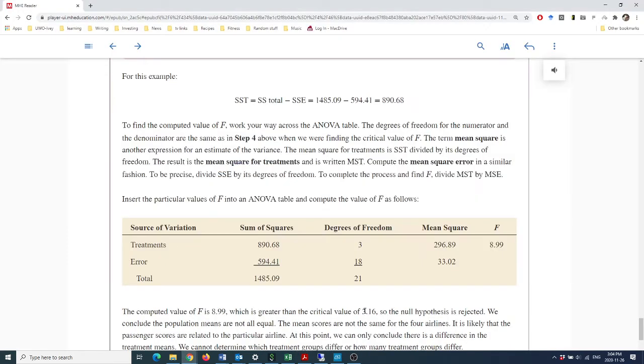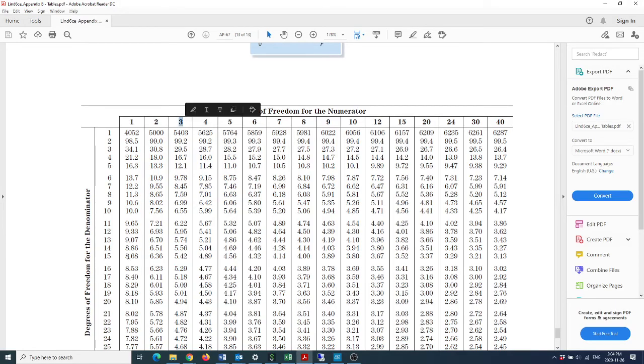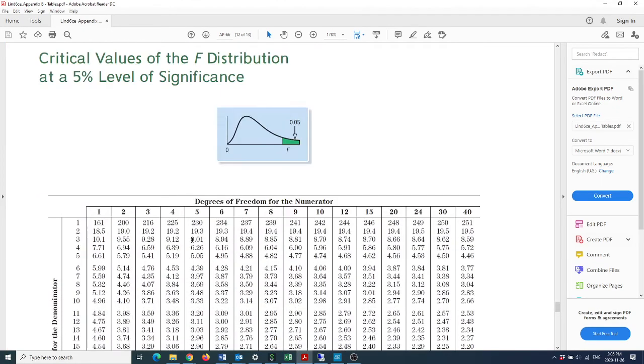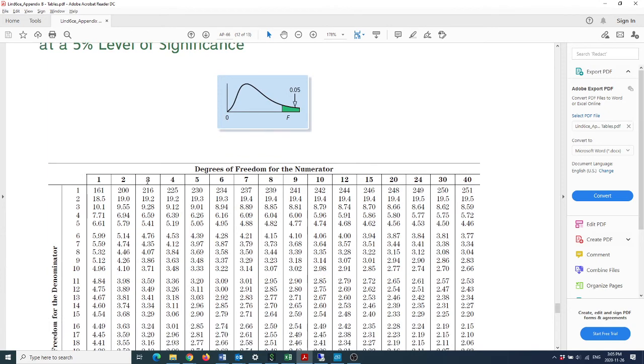Well, I'm not sure why this says the critical value is 3.16. It's 3 and 18. I'm getting a critical value of 5.09 from this, it's the 1% level, so that's fine. At the 5% level of significance, we get 3 and 18, which is 3.16.